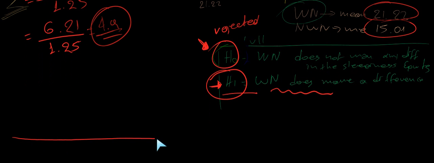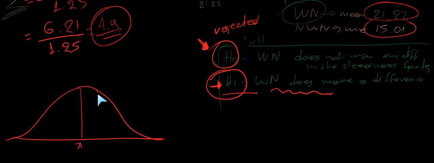So if this is my mean, and this is my nice bell, I need almost 4.9 standard deviations across to have something that won't prove my hypothesis.